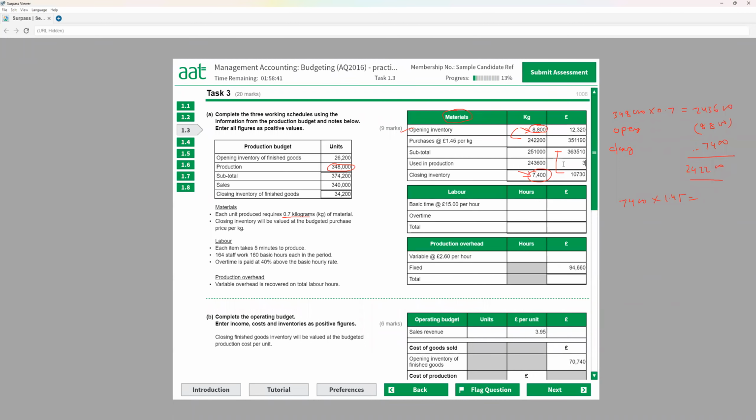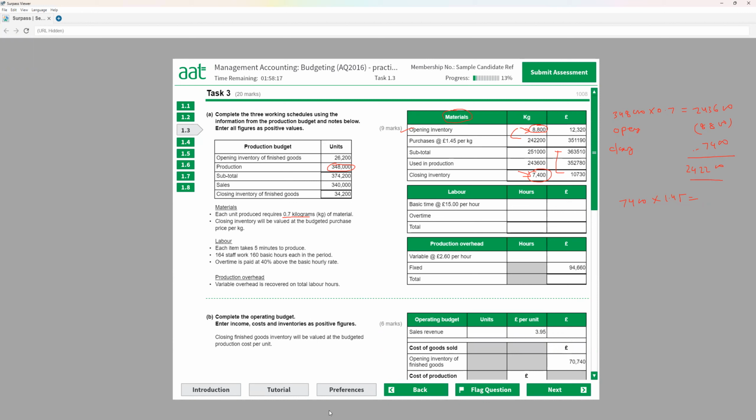So you have to remember all this technique. So that is 352,780. So our material box or table is completed. This one is more complicated, the materials one. The labor and the production overhead are not that complicated.